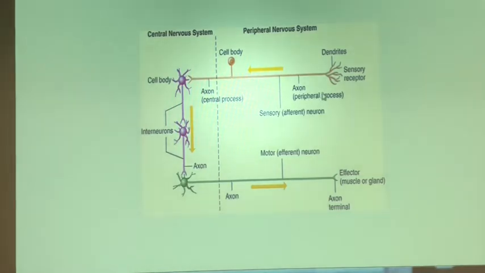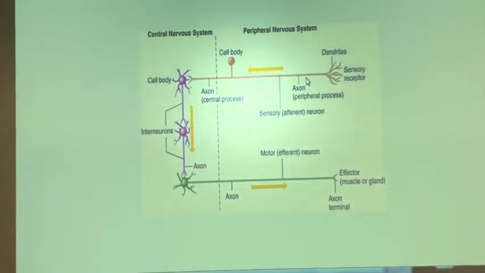So what we're doing is we're moving down the pathway of the spinal nerves. So remember, the peripheral nervous system, you've got 31 pairs of spinal nerves, you have the cranial nerves, and you have associated sense structures as well.